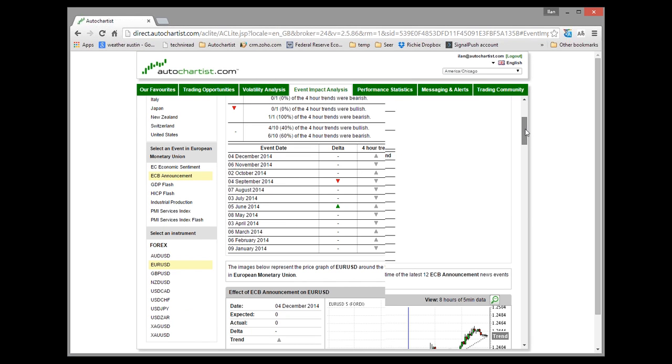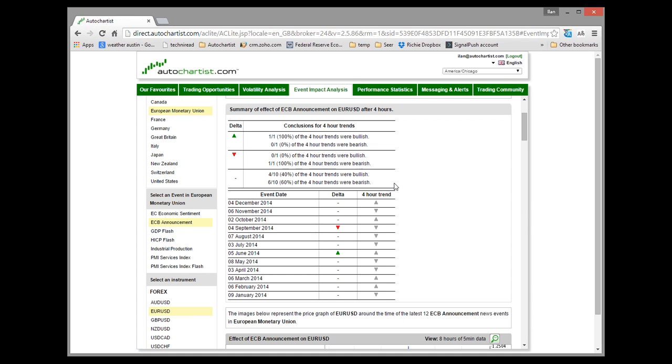So we can see actually that. So what is the conclusion? Interesting conclusions. There's actually no conclusion we can draw. What we've got here is the last 12 events of the ECB announcement and the graphs of what happened subsequent to the event. So let's give an example.